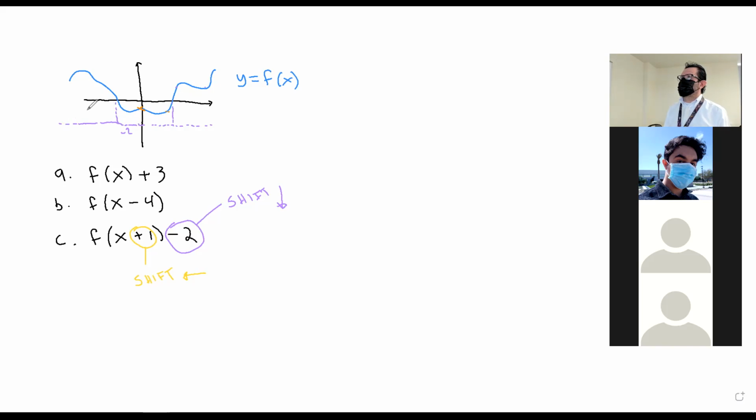This would mean that now the graph would be going something like this. So I've shifted it down 2 units, and then I'm going to shift it to the left 1 unit.